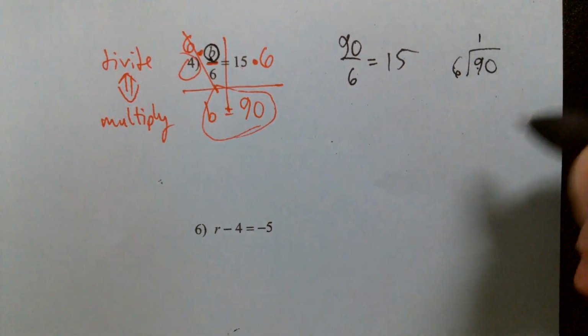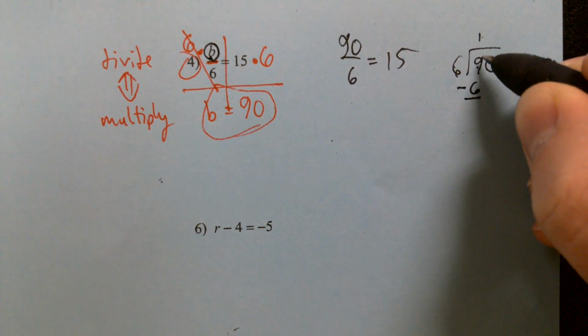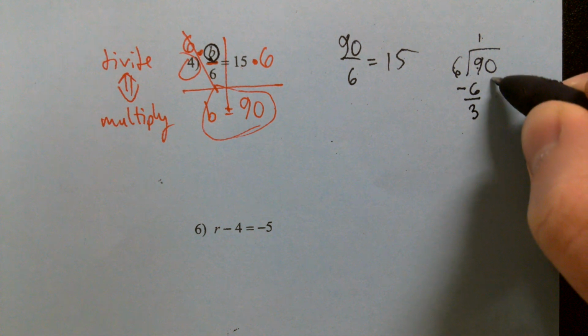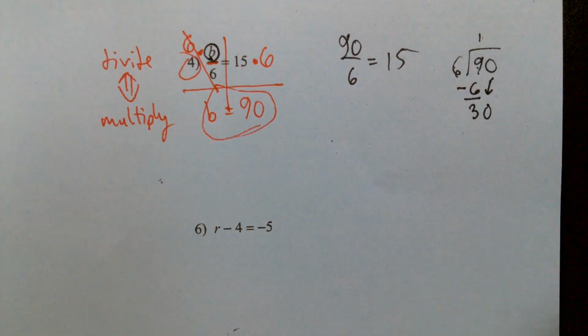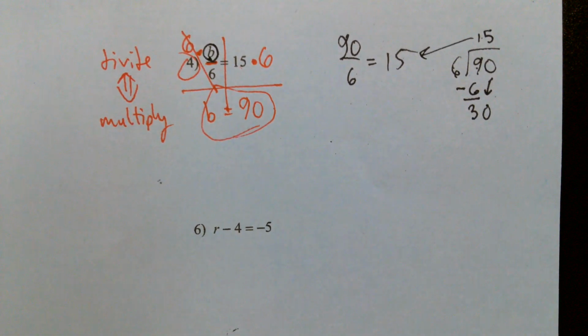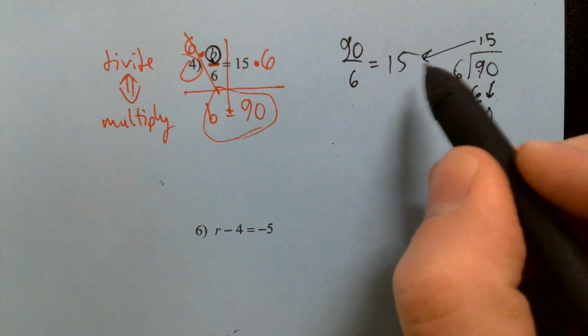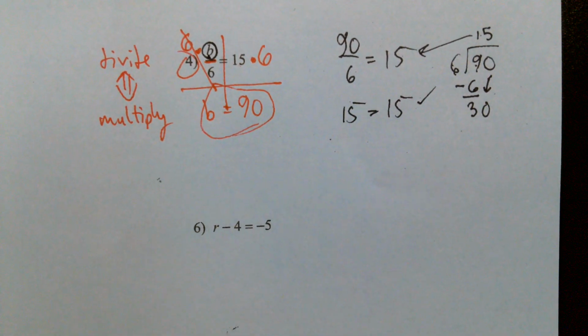6 goes into 9 one time. 1 times 6 is 6. Subtract those. 9 minus 6 is 3. Bring down my 0. 6 goes into 30 how many times? 5 times. Look at that. 90 over 6 is equal to 15. Just like we saw before, we get a true statement.